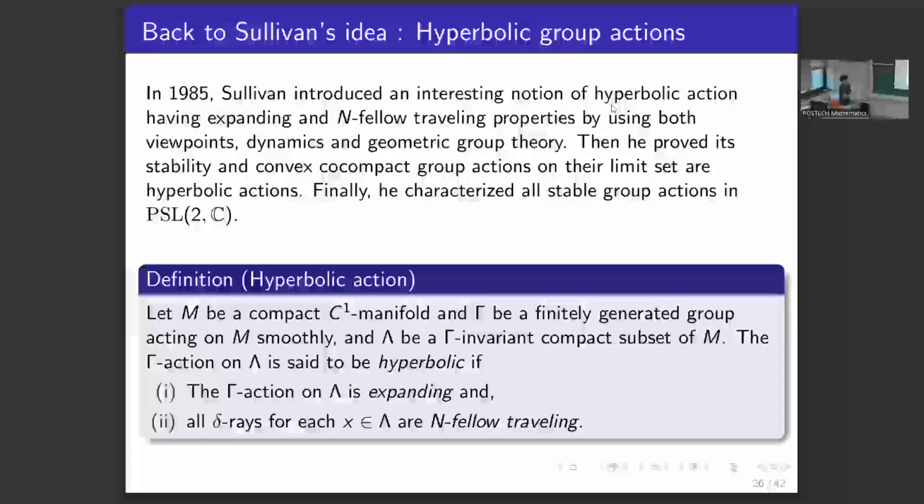Then the action is said to be hyperbolic if the action is expanding and for each x the delta rays are fellow traveling. So he used two properties, expanding and fellow traveling, to define the hyperbolic action.